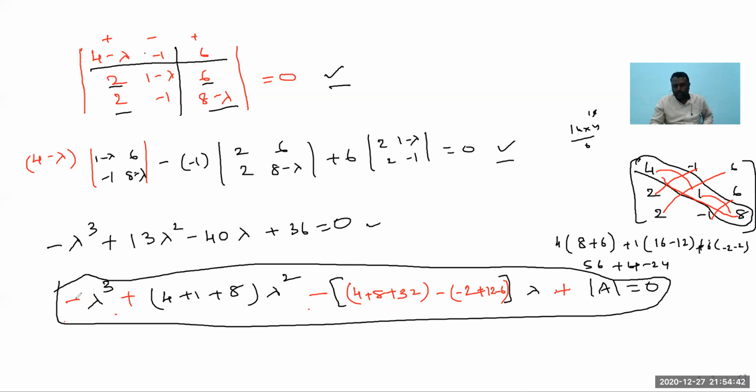You don't write the bracket working because they don't know this method. This is the shortcut method. So I am multiplying by minus here, and I get lambda cube minus 13 lambda squared plus 40 lambda minus 36 equal to 0. Is it clear to all of you? I think it's right. Copy it.